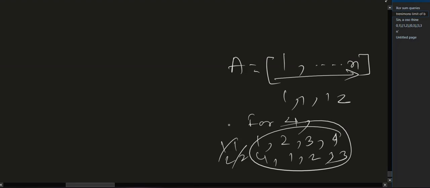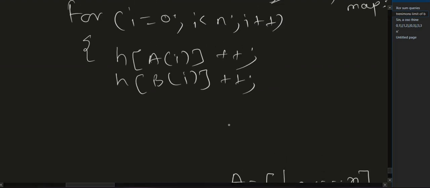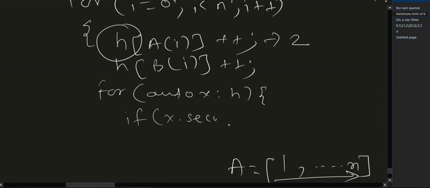So by this I can find that an element is common only if its frequency is twice. While processing that, I can write a for loop to iterate over the map and check whether x dot second, basically the frequency count, is equal to 2.